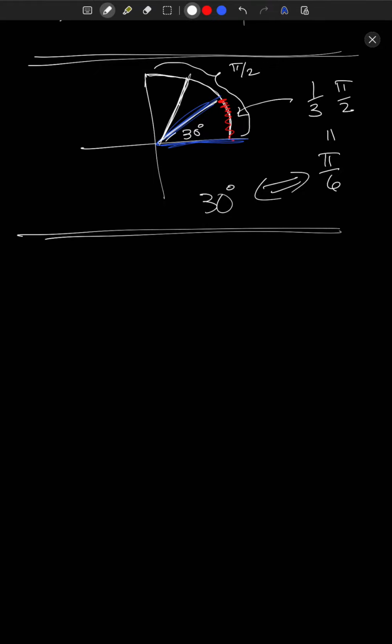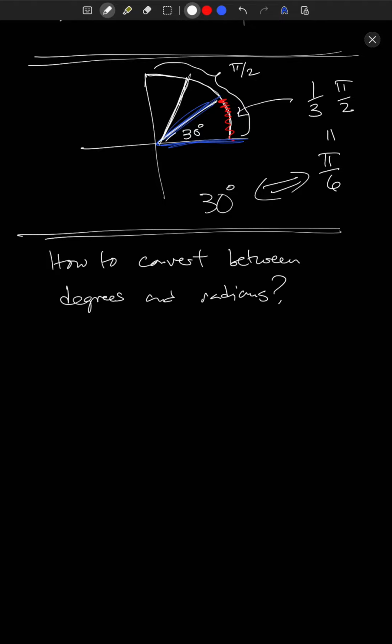So the idea here in general, so how to convert between our two measures, degrees and radians. So how do we convert between these guys for general angles? Well, the idea is to use the ratios, all right? So when we talk about an angle in terms of degrees, let me use this notation for this section here.